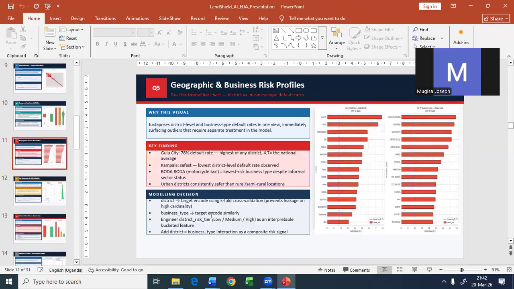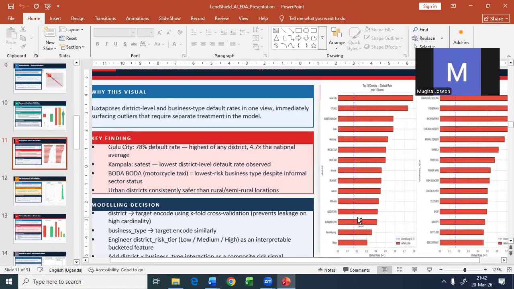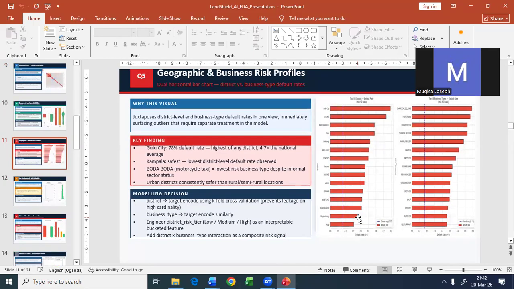We can look at another sample of visualization. I will just pass through the visualizations quickly. So we can look at the geographic and the business risks, the key findings. We have Gulu City having a 78% default rate. So it is 4 times greater than the national average.